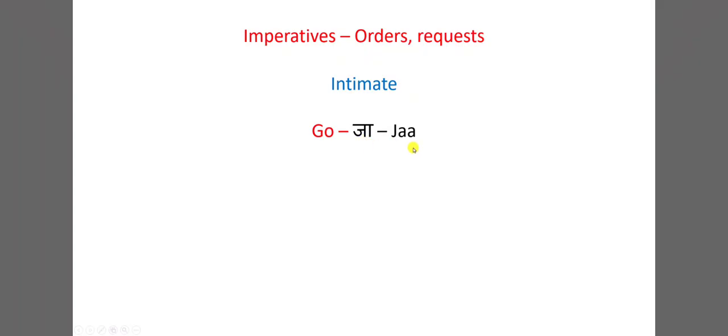Ja in Hindi. And ja is the root verb. Okay? The intimate version of imperative uses the root verb itself to make an order or to give a request.